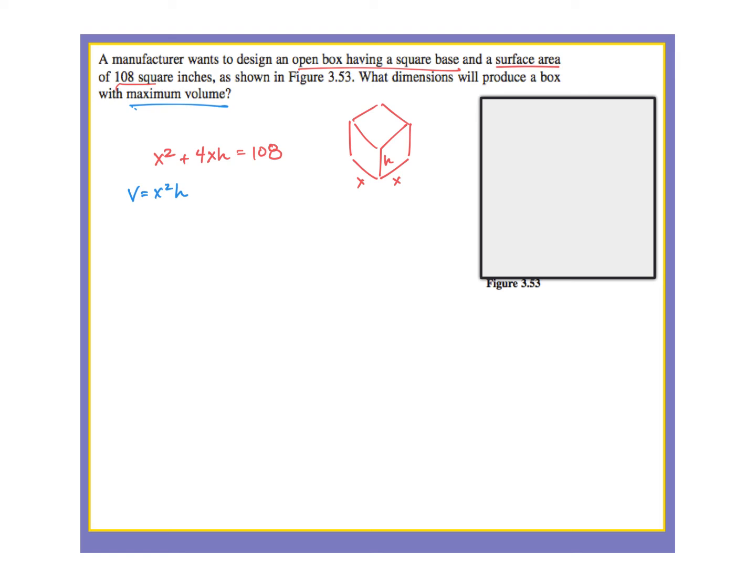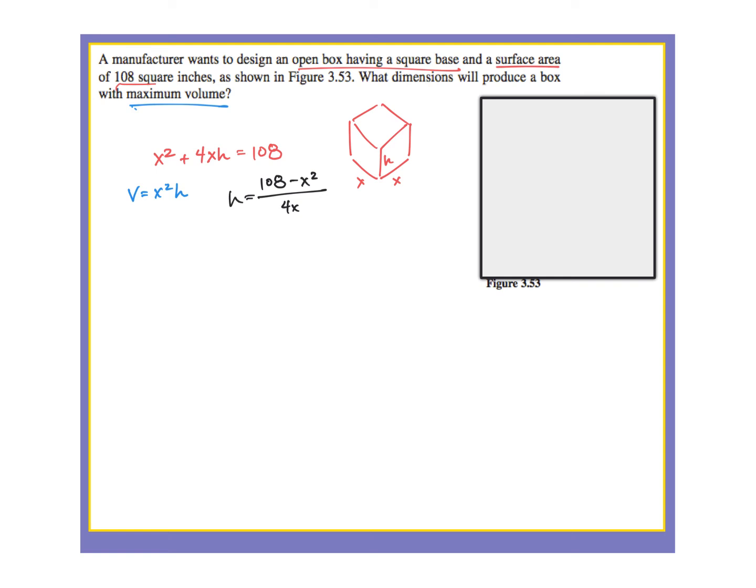There we go. So let's solve for h. I would subtract x squared. So now we have 108 minus x squared, and then divide by 4x. So that's what h is.